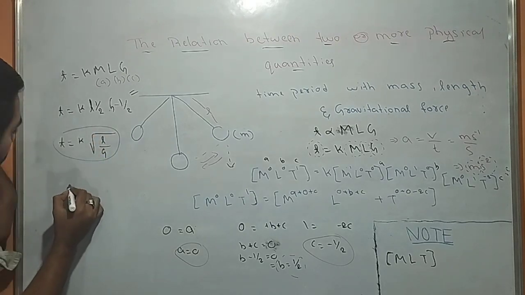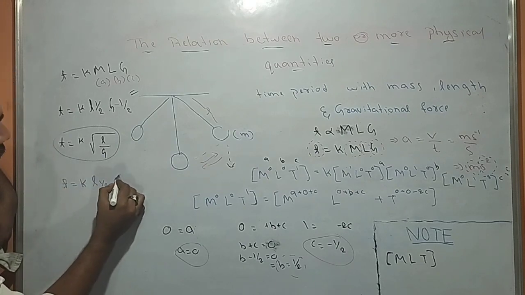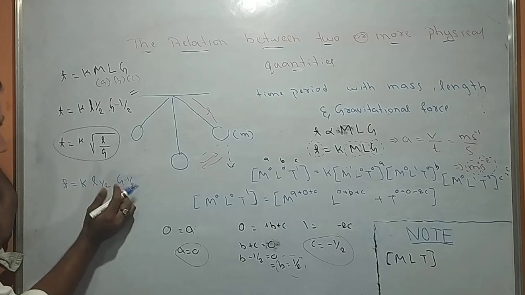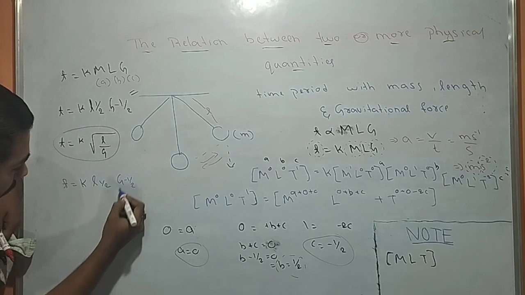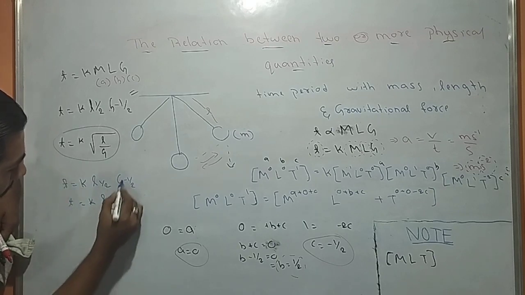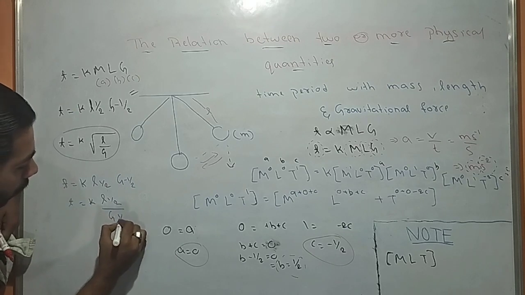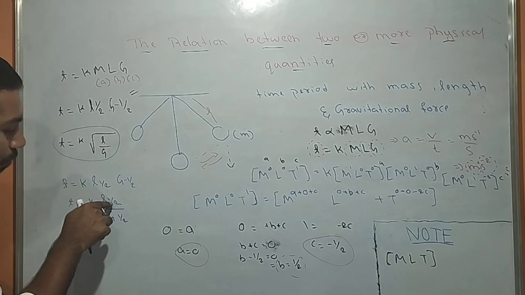How? Just see. K into L to the power 1 by 2 into G to the power minus 1 by 2. If you have to make this minus 1 by 2 positive, we just send this downwards. Just like that, if it goes down, the minus becomes plus. You have got plus, and this is to the power of 1 by 2.